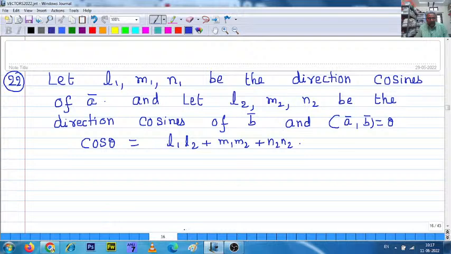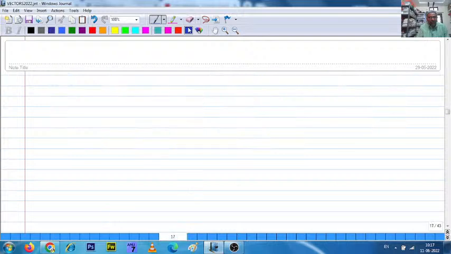Next, let us move to equations, vector equations. 23rd concept now.